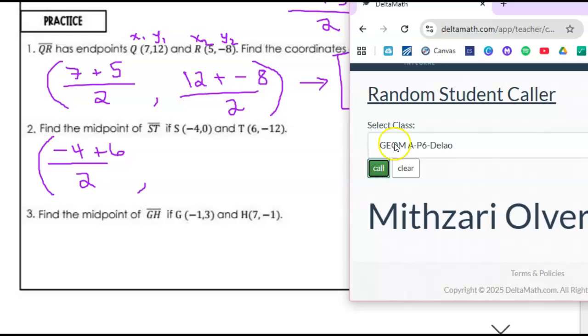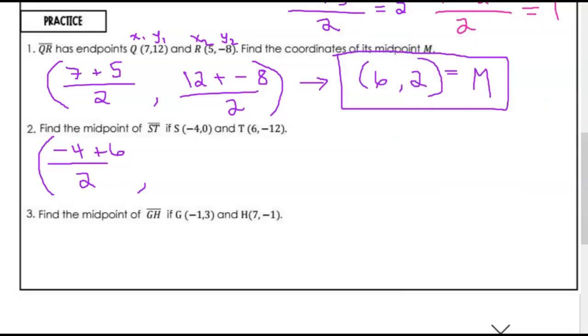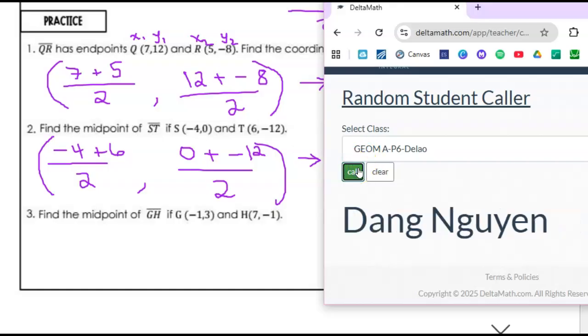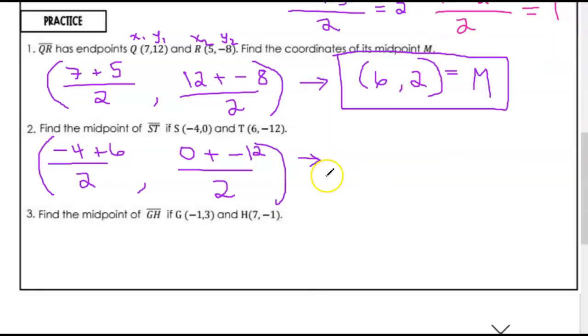Mitsari, can you give me the Y's that you added? 0 plus 12 divided by 2. Not 12. Negative 12. Yes, negative 12. Divided by 2. Good. Thank you. Okay. So then we do the math there. What did you get for X? 1.